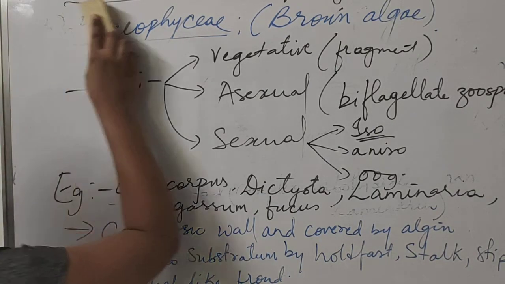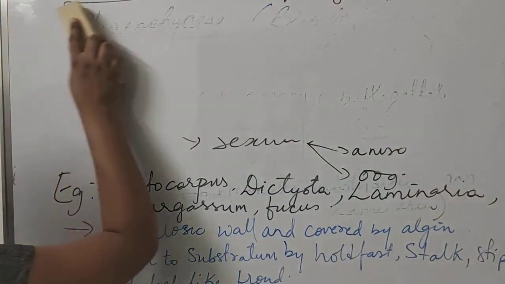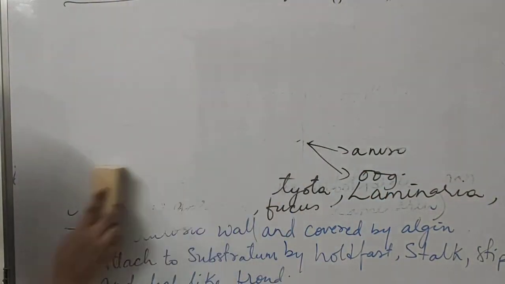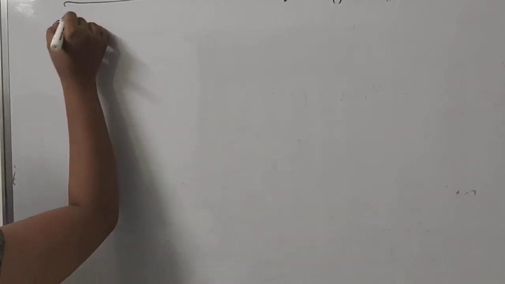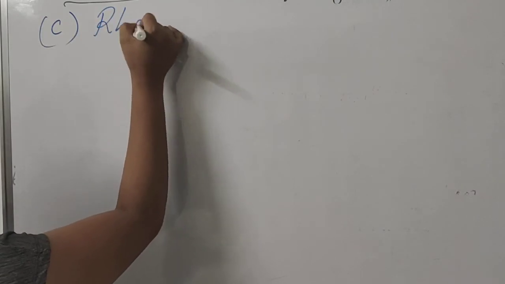Now we'll come to the last class of algae, that is Rhodophyceae. Rhodophyceae is also known as red algae.